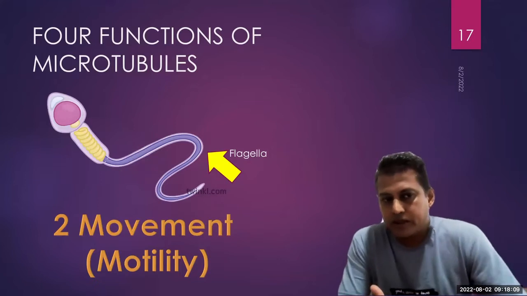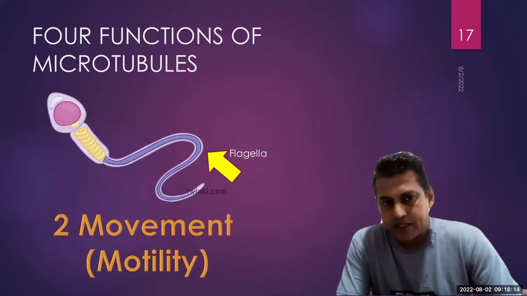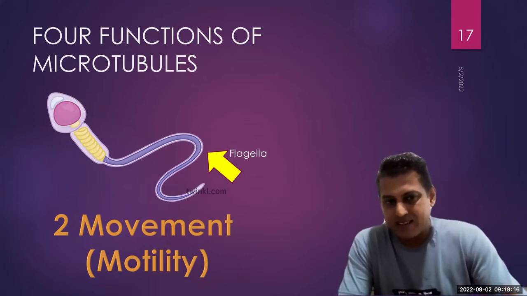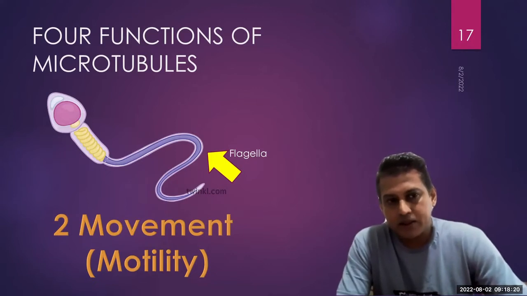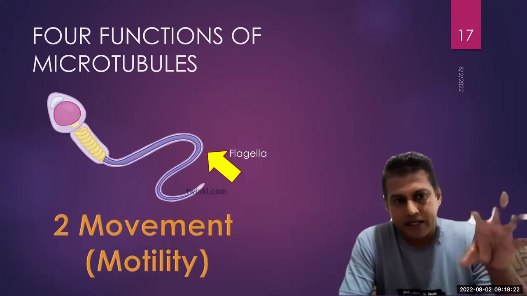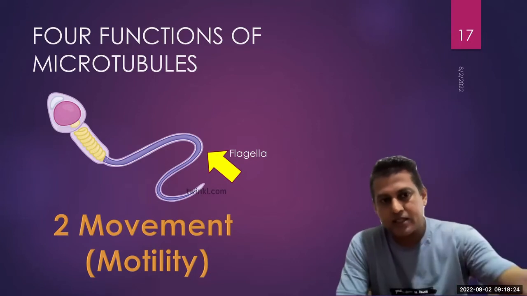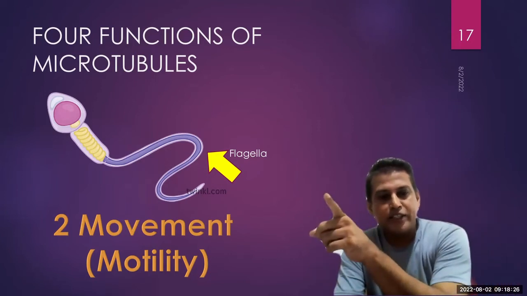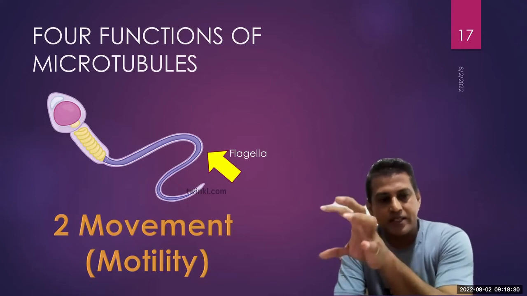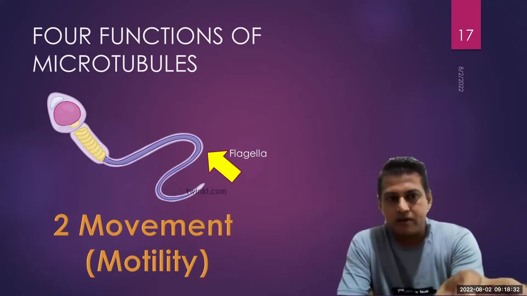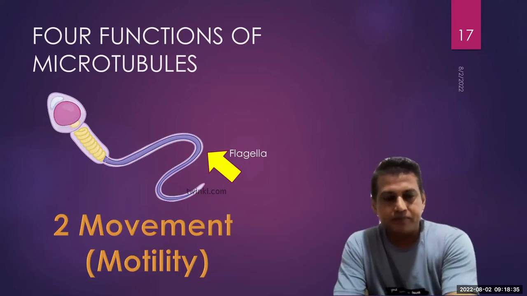If you look at this cell, that's very special. It has a head, it has a neck, and it has a long tail. In the head region, you can see the nucleus. The red one in the middle is the nucleus. So this is a eukaryotic cell.